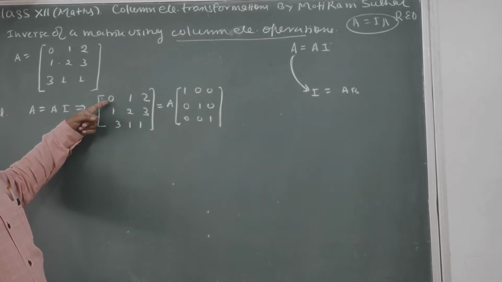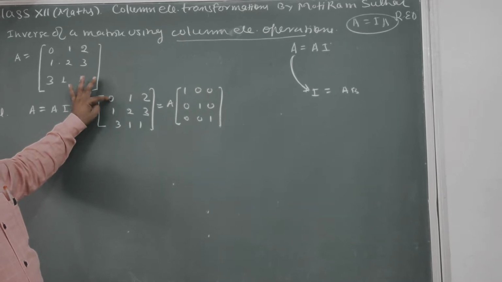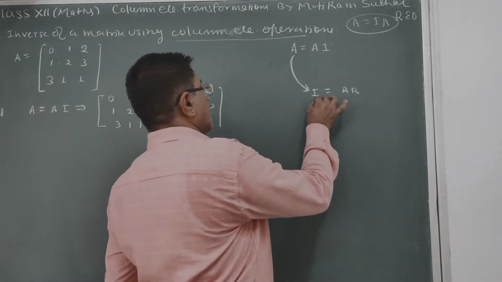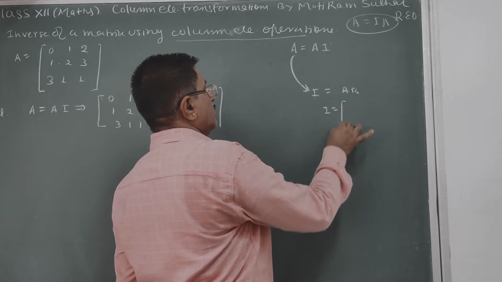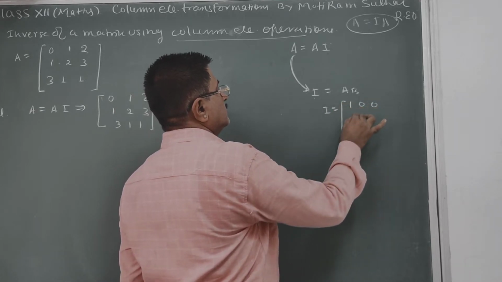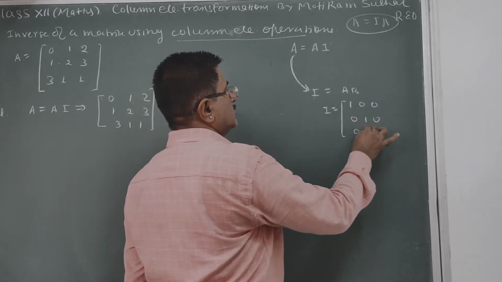When we are using columns, we need an identity matrix. Our target is I, that is 1 0 0, 0 1 0, 0 0 1.